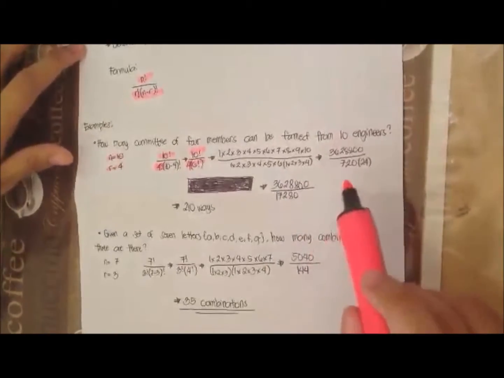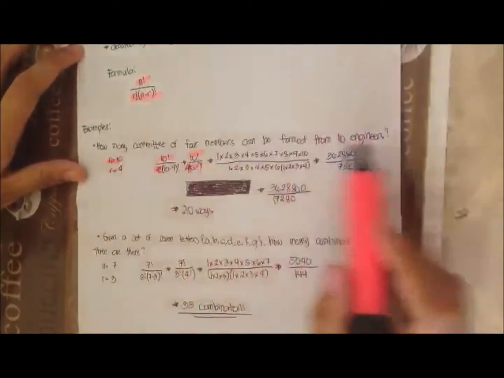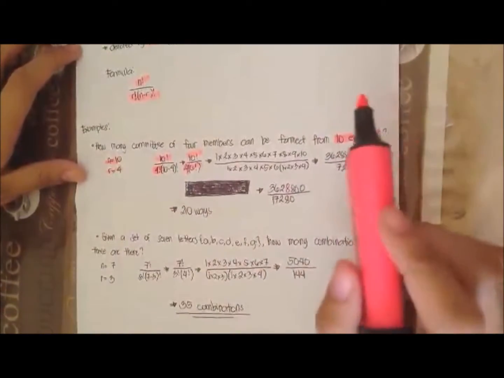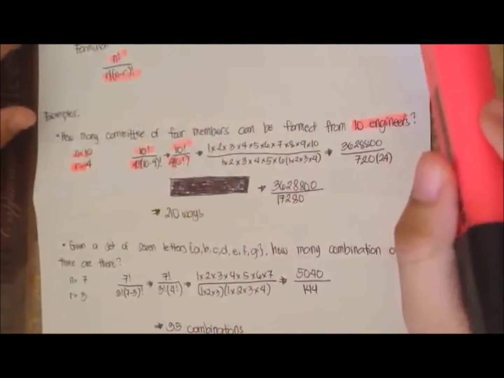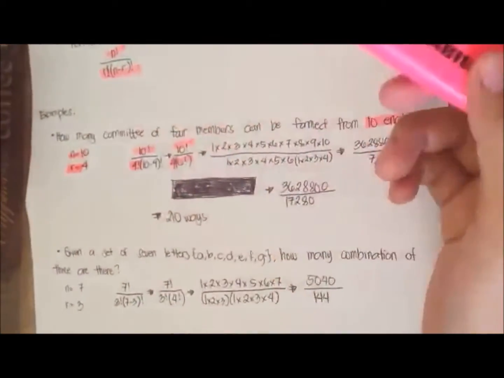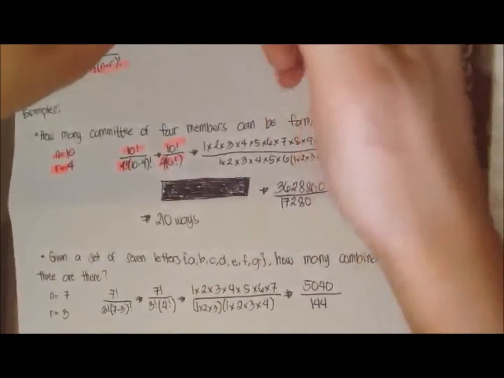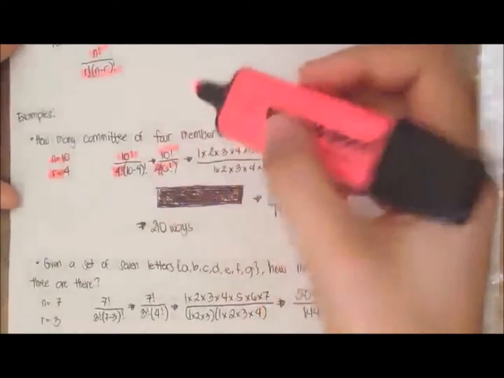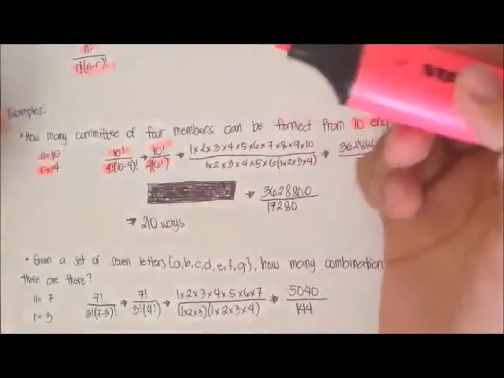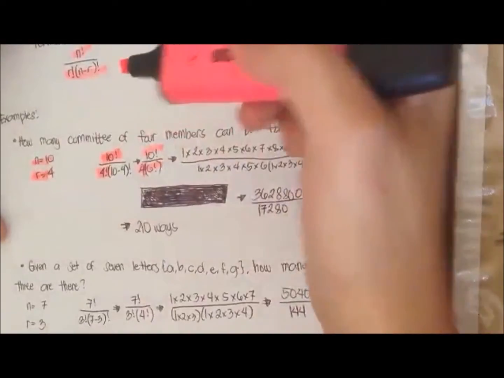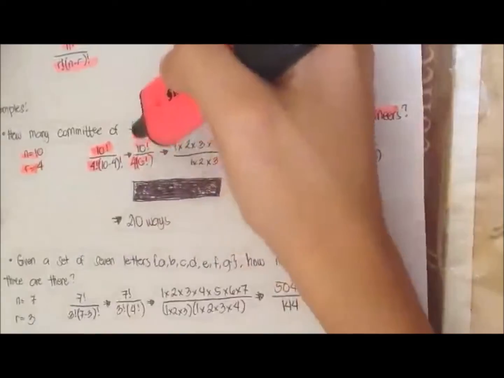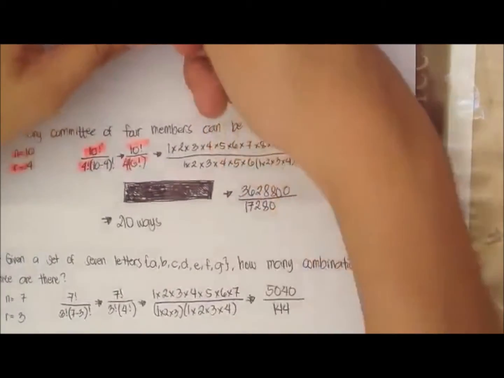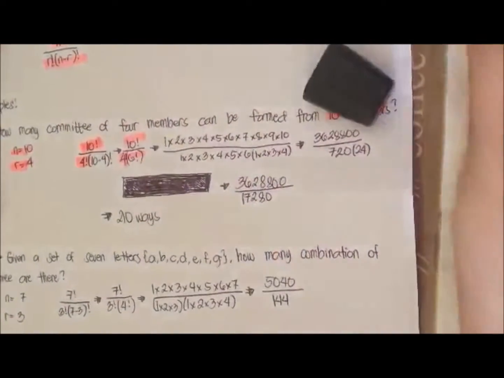You determine the total number, which is n, 10 engineers, and the committee of 4 members, which is r. Then substitute the values of n and r into the formula: 10 factorial over 4 factorial times 10 minus 4 factorial, which is 10 factorial over 4 factorial times 6 factorial.